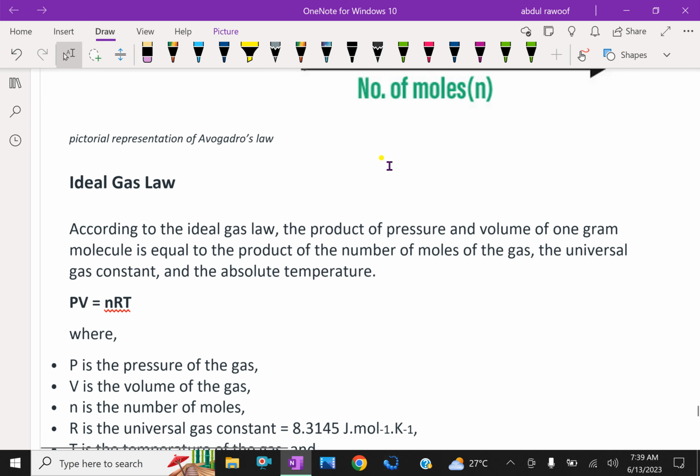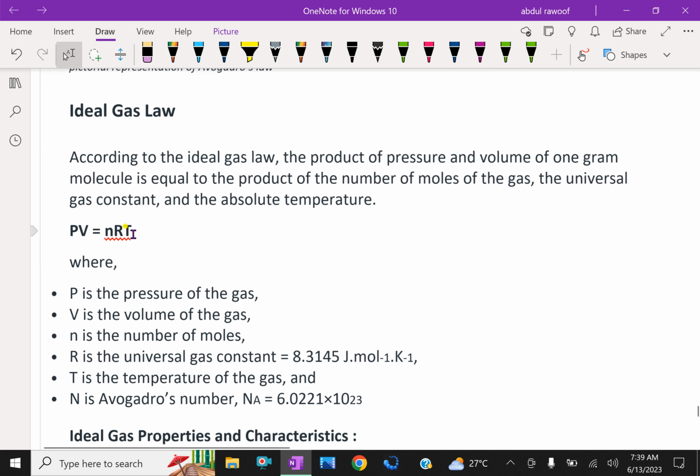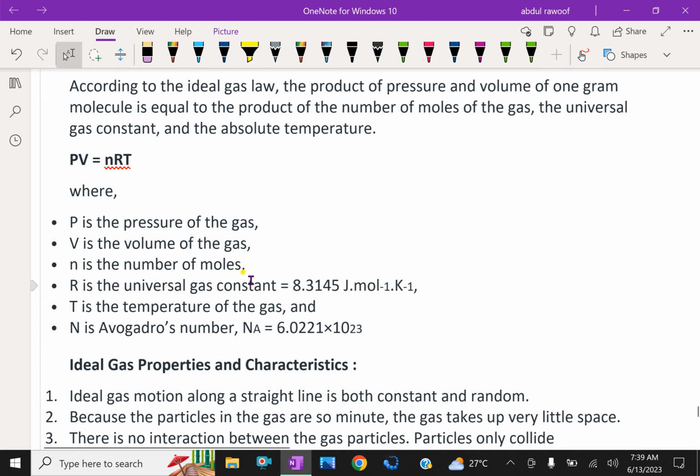Now we'll derive the ideal gas law from the above laws. According to the ideal gas law, the product of pressure and volume of 1 gram molecule is equal to the product of the number of moles of the gas, the universal gas constant and the absolute temperature. PV equals nRT, where P is the pressure of the gas, V is the volume of the gas, n is the number of moles of the gas, R is the universal gas constant.